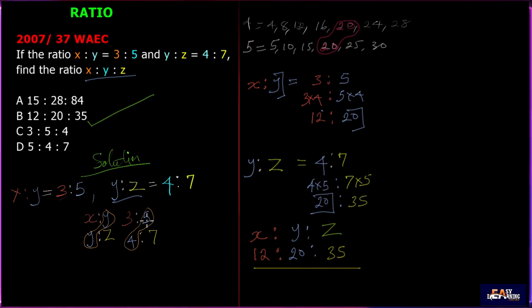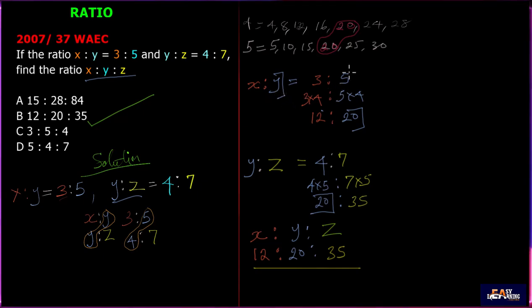We wanted y to be the same value in the two ratios. For us to do that, we needed multiples of 5 and multiples of 4. We needed the least common multiple, the smallest number that 5 and 4 can divide comfortably. That is the LCM. So the LCM of 4 and 5 is 20.